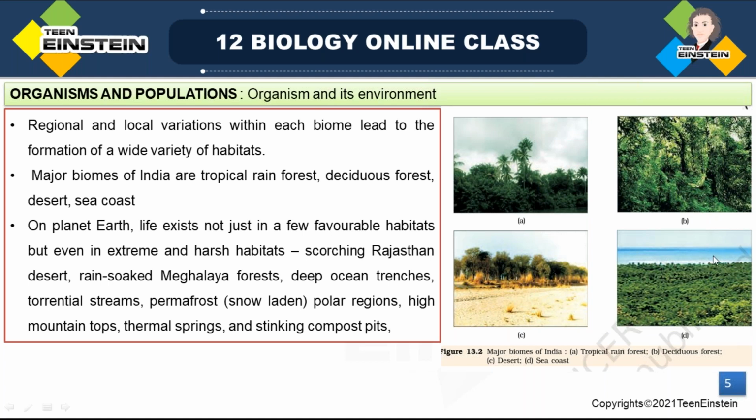In the coastal area, the land condition itself is different and the plant population will be different. Not entirely different, they will be adapted to such conditions, with slight differences. So the major biomes of India marked here are tropical rainforest, deciduous forest, desert, and sea coast.